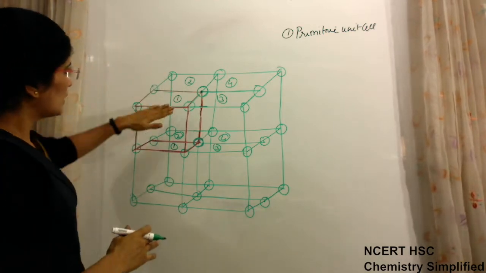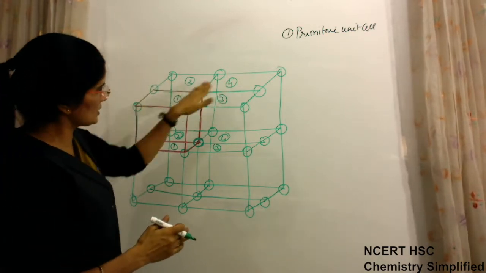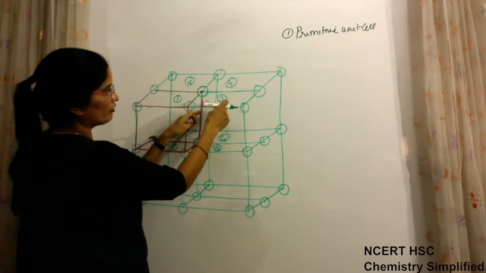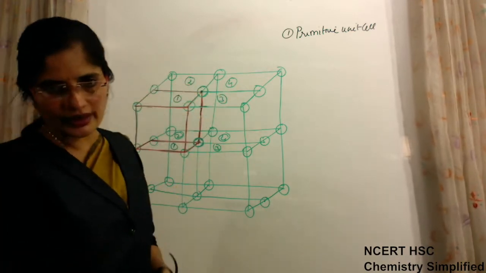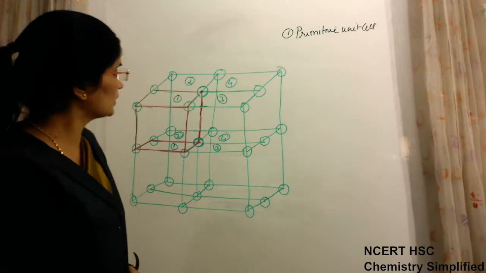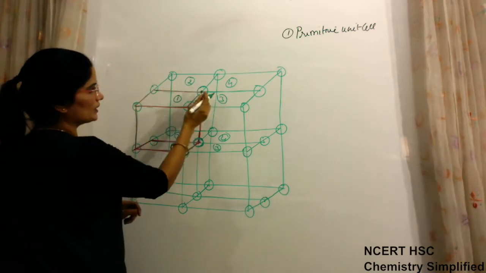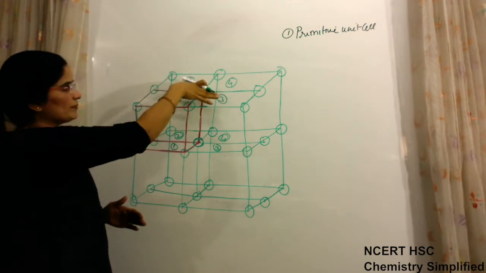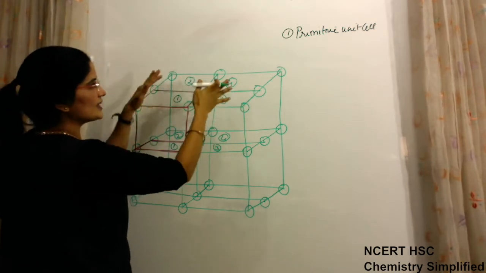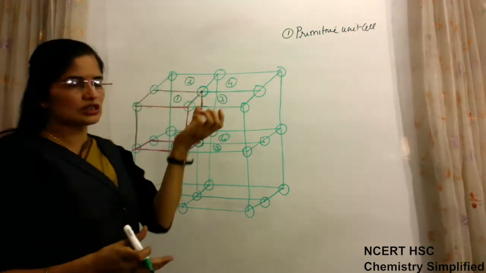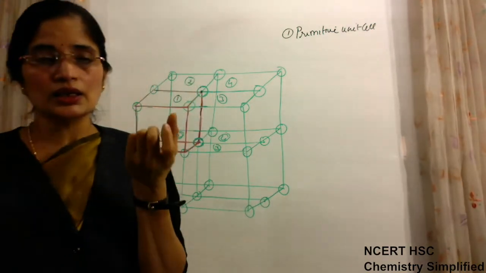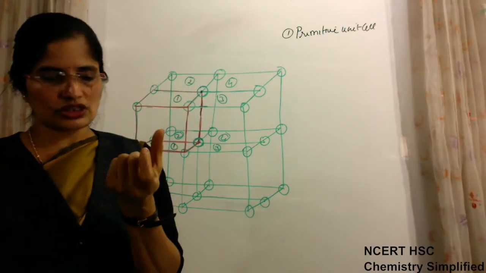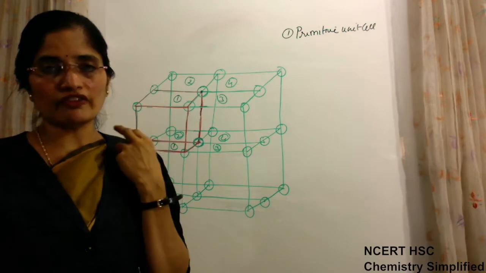If you put one more layer over it, this particle will be part of these 4 which it already is, and the 4 unit cells placed over it. So because the particles are spherical in shape, those spherical particles become part of 8.